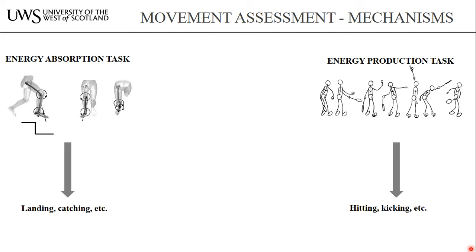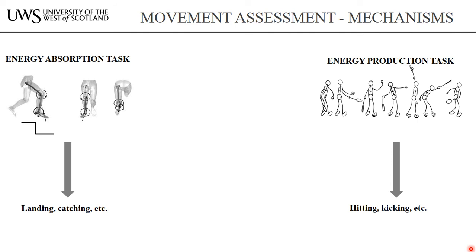Essentially, the anatomic chains, or in general every single muscle, is required to either absorb forces or to produce forces. I can give you two very basic and simple examples about what I just mentioned.